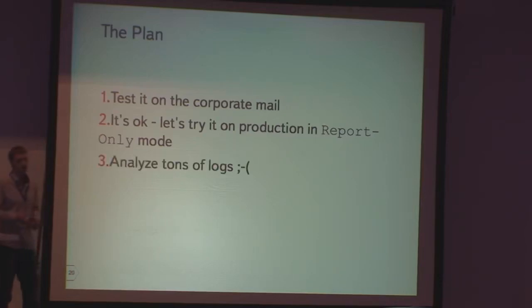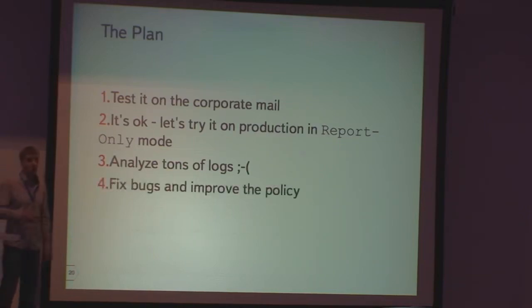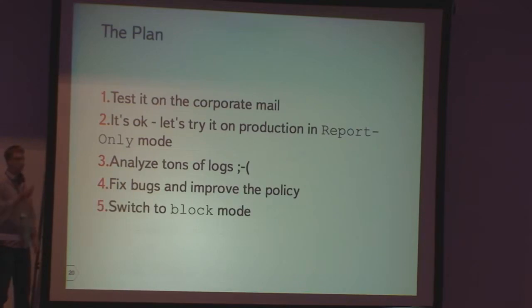And after that, we will of course need to analyze tons of logs, try to fix bugs in our application which depend on content security policy, and in the future switch to block mode and get the profit from it. For this moment, I can say that it's not as simple as in this plan. In real life, I say.